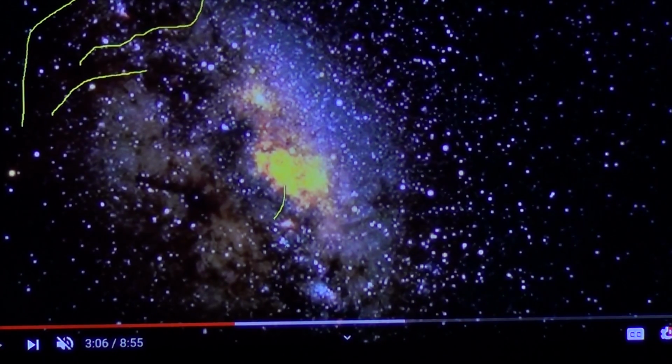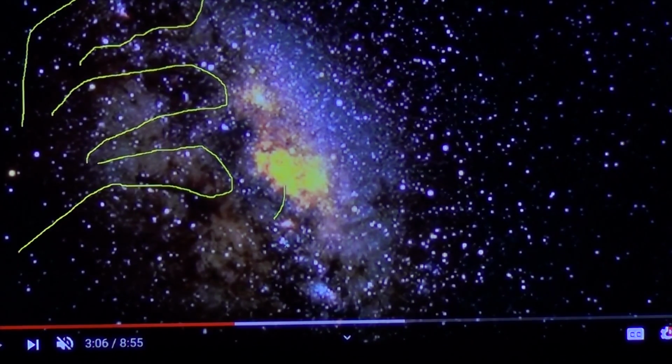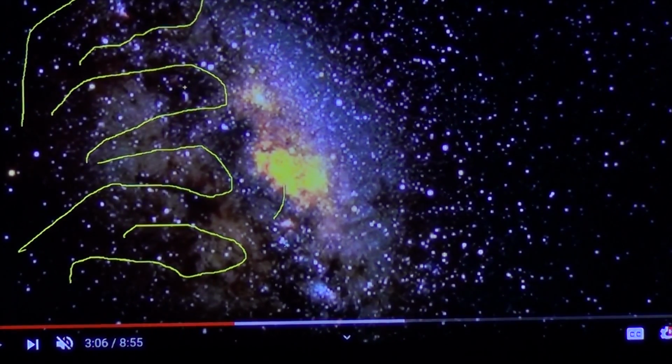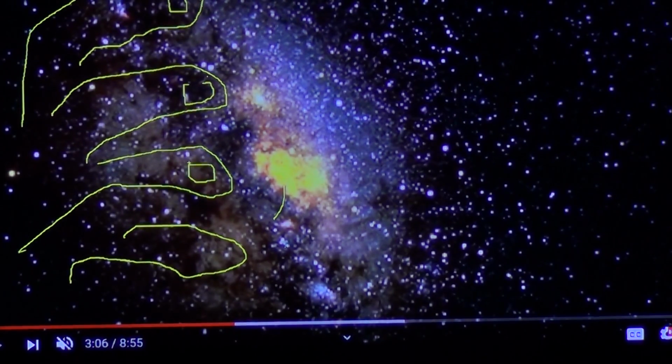Look. That's what that is. And then you see the perfect geometry and fingernails made with stars or spherical looking deals that look like blobs of light, globular.